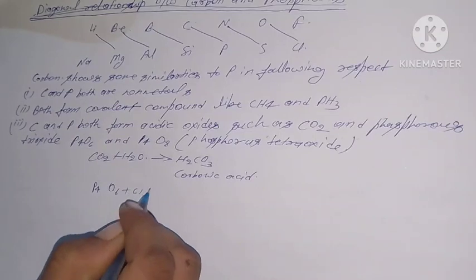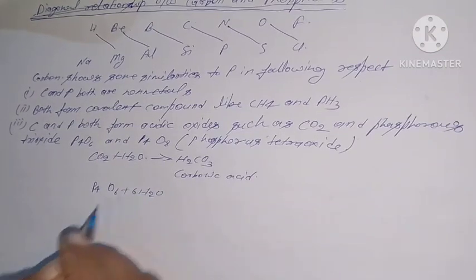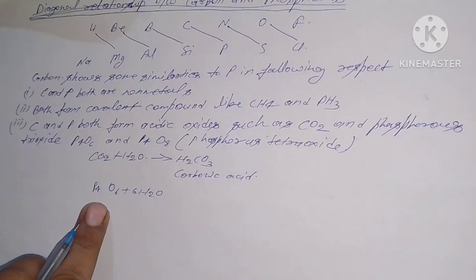P4O6 plus 6H2O. This is phosphorus trioxide, P4O6.